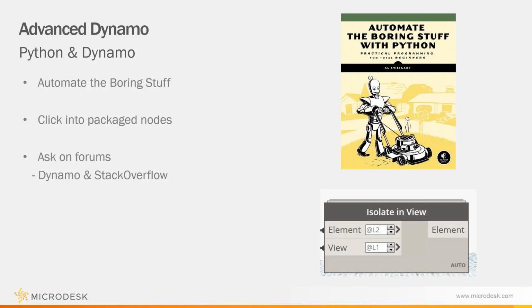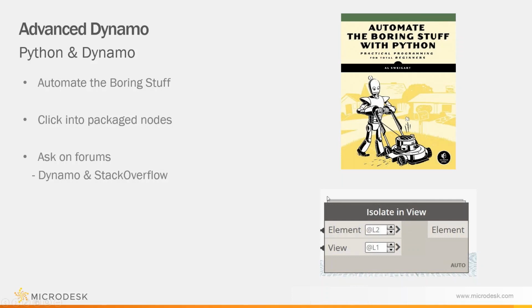The next one that helped me with learning Python is to click into package nodes. We talked about packages in the beginning. When you download packages, sometimes they're going to have this kind of layered look, like in this bottom right corner in isolated view.